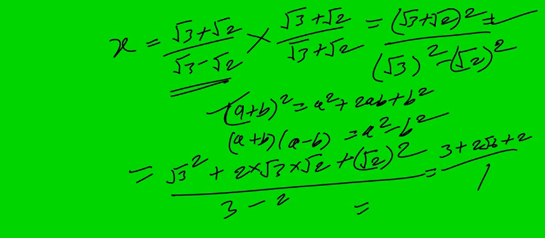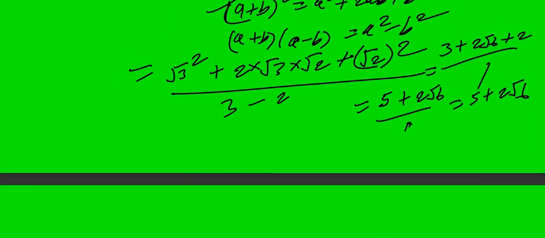So finally 3 plus 2 is 5 plus 2 root 6 upon 1, that is 5 plus 2 root 6. This is the value of x. So finally what you have got, value of x is 5 plus 2 root 6. So here you will write x is equal to 5 plus 2 root 6.